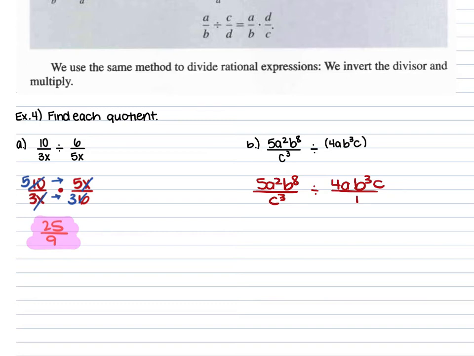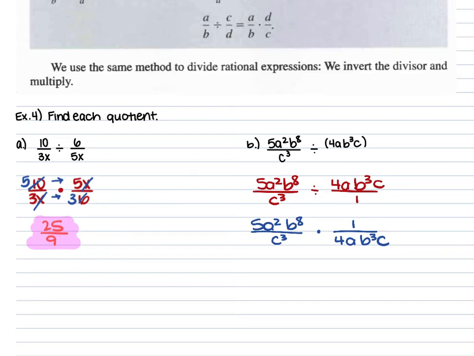From here, we're going to keep, change, flip, because we cannot factor. So this is going to give us 5a squared b to the 8th power over c cubed times 1 over 4ab cubed c. Now, with this, if you want to simplify before you multiply, you can do so.